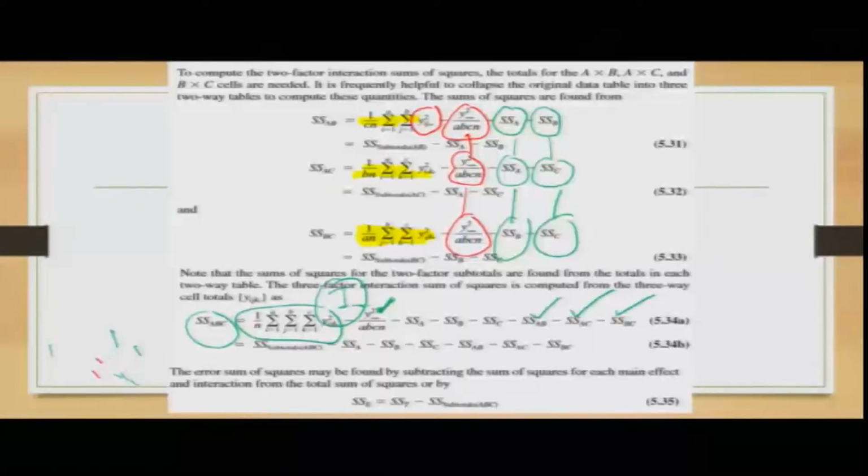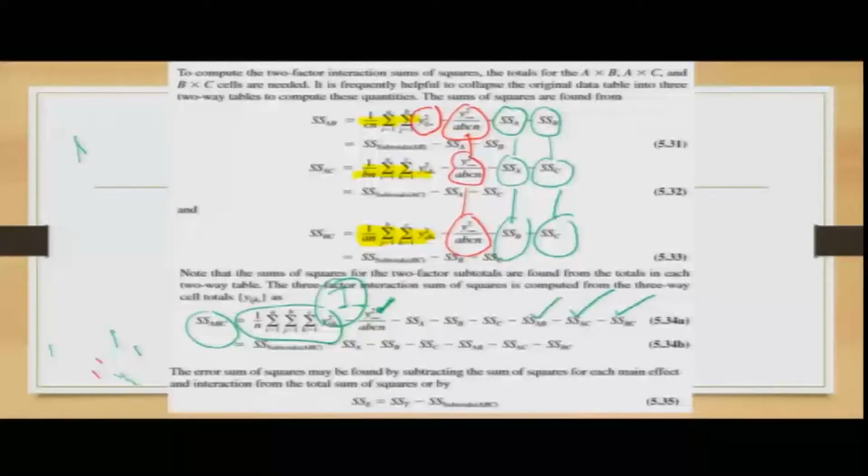Now, the factors you will subtract are, first, the singular ones: SSA, SSB, SSC, SSD. Now, you will consider the combinations of 2 taken at a time. It will be AB, then AC and AD, so the combinations of A with B, C, D will come, then BC, BD, then CD.